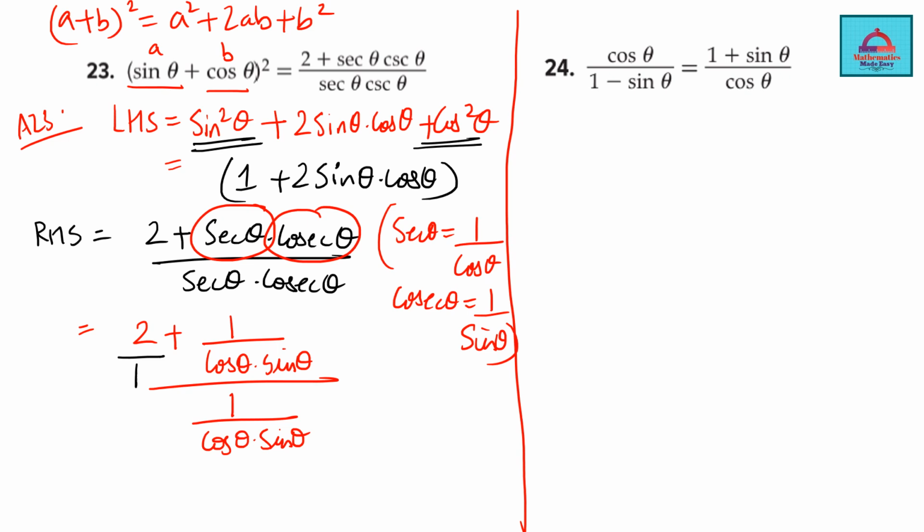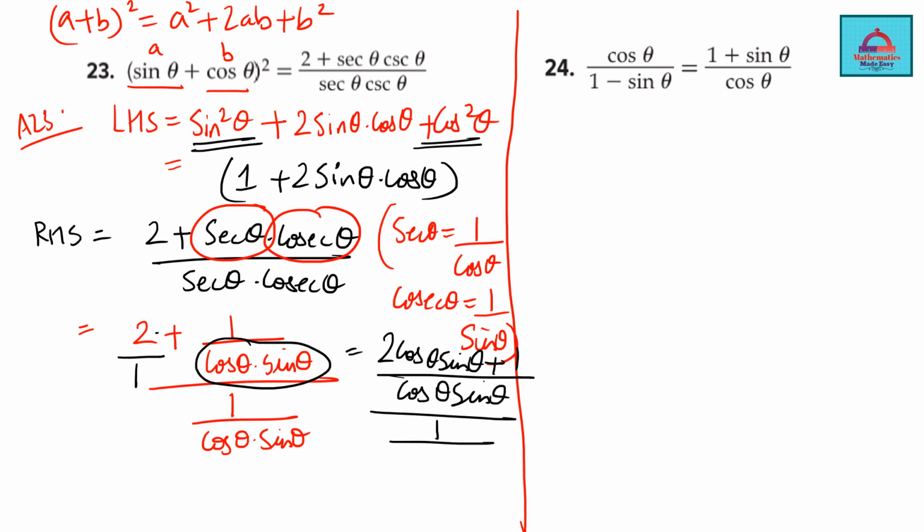I'm going to make the numerator and denominator with the same term, and in the next step I'm going to get 2 cos theta sine theta plus 1 over cos theta sine theta, and this is whole divided by cos theta sine theta. So let's do keep change flip. This is the numerator, this is the denominator.